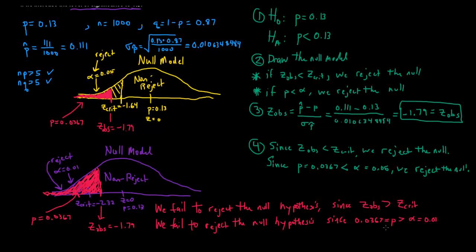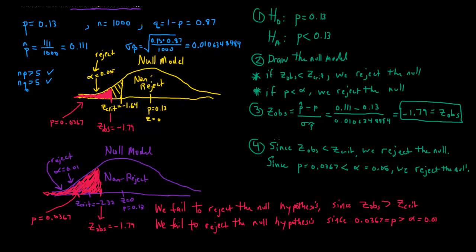That criteria always stays the same, whether it's a one-tail, two-tail, left or right test. So that's one good thing about the p-value approach when you compare it to a critical value approach. Critical value is easier as long as you draw a good picture, but it can confuse you if you don't draw a good picture.